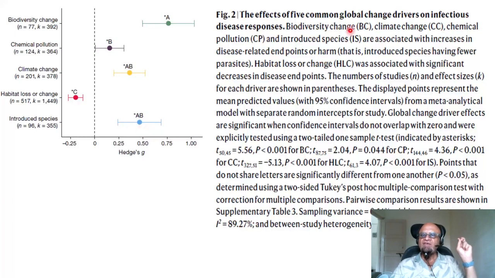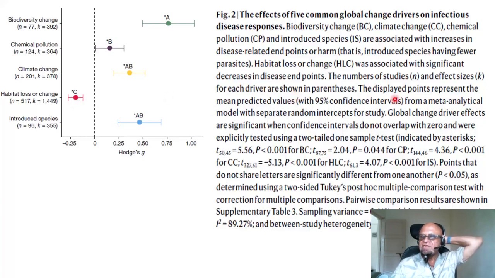The effect of 5 common global change drivers on infectious diseases, then biodiversity change, climate change, chemical pollution and introduced species are associated with increases in disease related endpoints or harm, that is introduced species having fewer parasites. Habitat loss or change, HLC, was associated with significant decrease here in the disease endpoints.